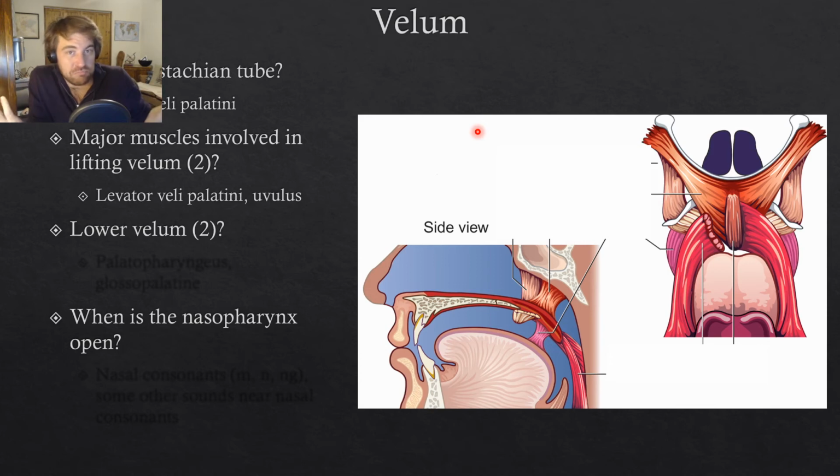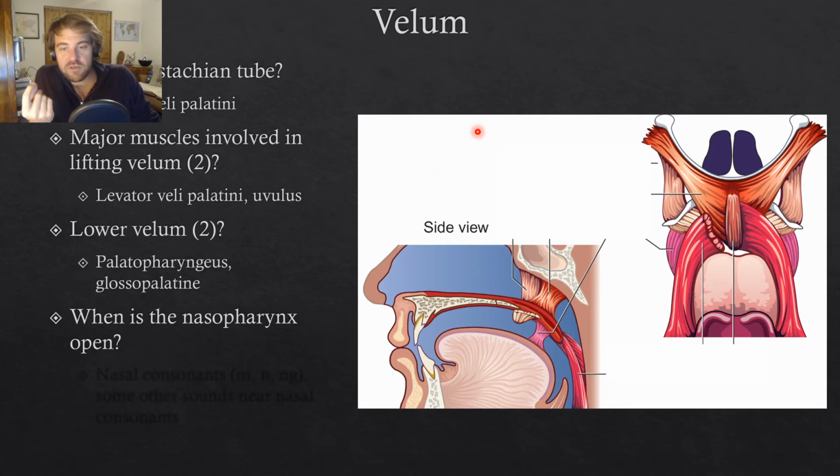The word tomb. Or tome. Or tom, even. So all these, you go from something that has high pressure to something that's nasal. You want to pop the velum down quickly. We have two muscles that'll lower the velum. They're the palatopharyngeus and the glossopalatine.